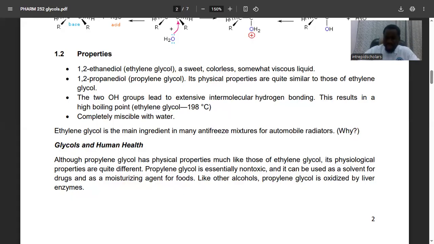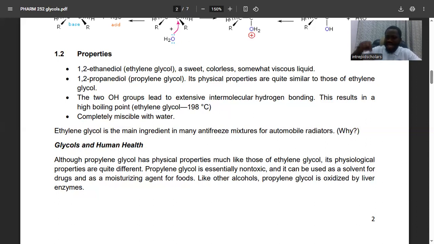Now, the explanation of this is interesting. Glycol, the ethylene glycol has two properties, right? It has a dual property. Now, when you add ethylene glycol to water, ethylene glycol will lower the freezing point of water. Essentially, what we are saying is that we know that the freezing point of water is 0 degrees.